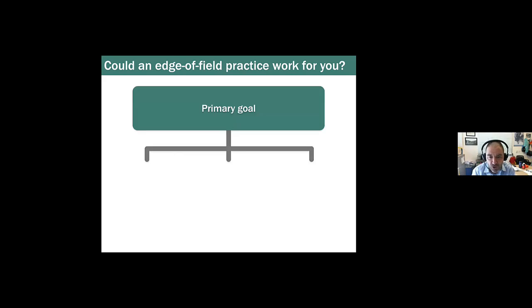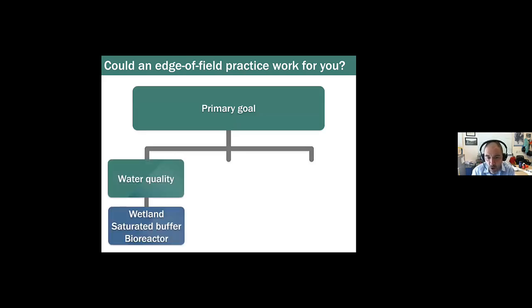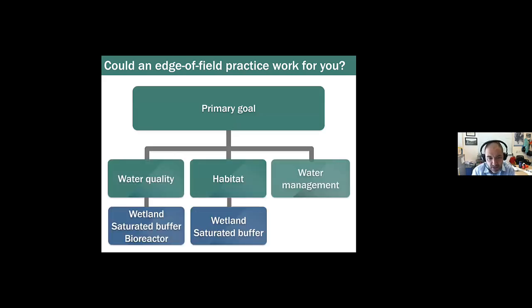Okay, so this is where we ask, could an edge of field practice work for you? This is getting back to that conservation manual, and if you did the case study, this would be a good place to start in thinking about what practice might work on that land, or if you're working with individual producers, you might be able to do this. So, thinking about what our primary goal is: if our primary goal is water quality, we might have a host of edge of field practices, wetlands, saturated buffers, bioreactors.